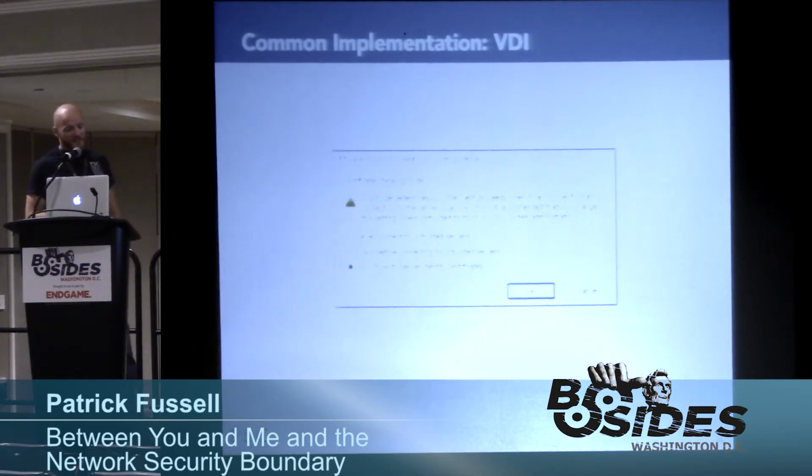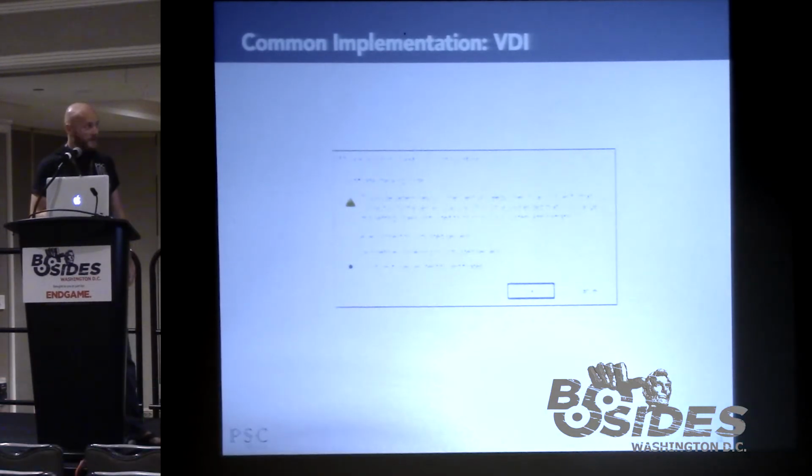So the next issue is insecure session brokers. If you can just use your imagination a little bit on this, I know the image didn't come up great. It's actually showing one of the configuration screens from VMware's Horizon client, which is a VDI client. If you're not familiar with it, it's just software that lets you log into a desktop created for you.